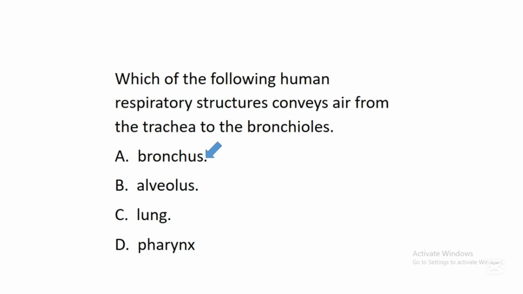Bronchus is a structure that plays a great role in respiration because it allows air to move from the trachea to the bronchioles. And if this bronchus is not working, there will be a problem in the movement of air from the trachea to the bronchioles.